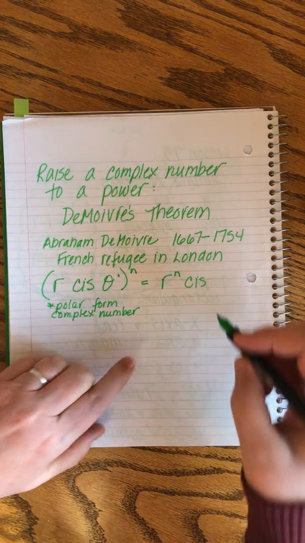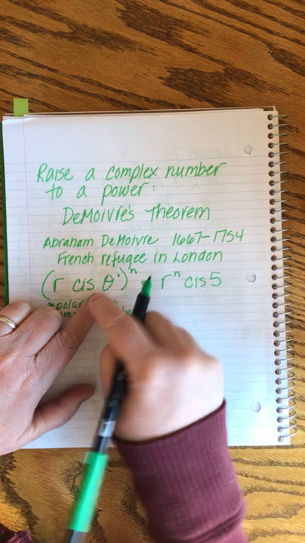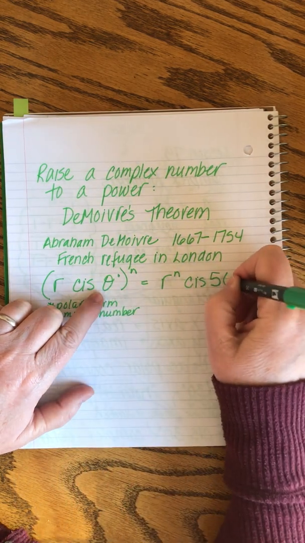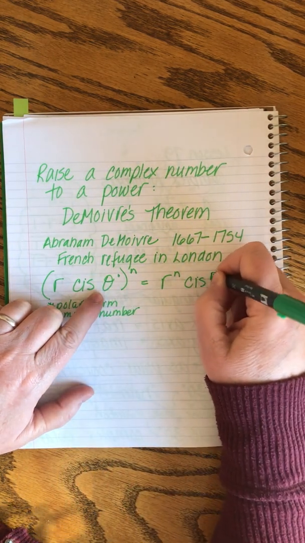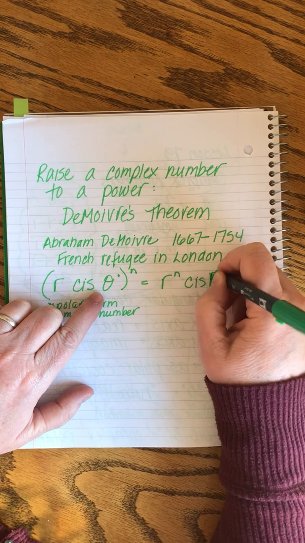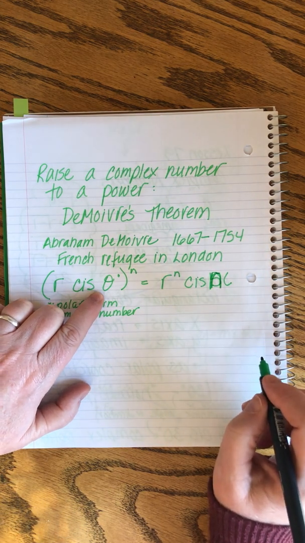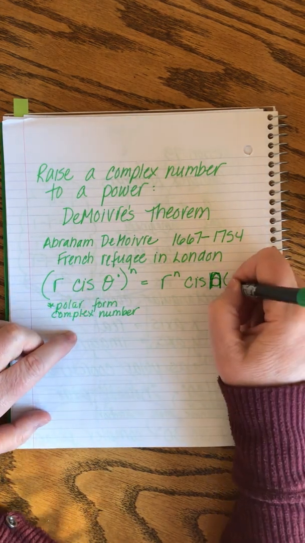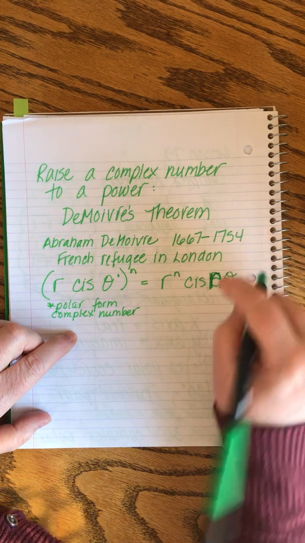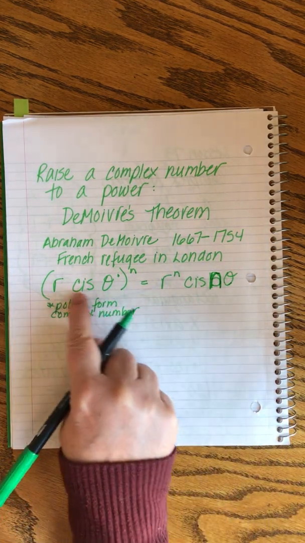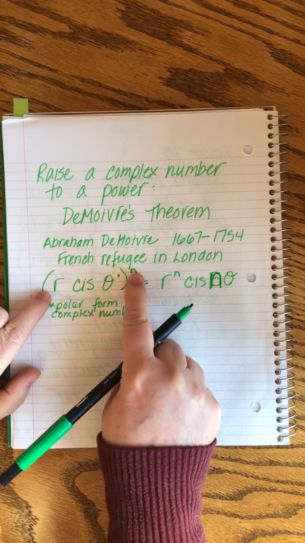And then you multiply the angle. Oh wait, this should be an n. Sorry, my bad. I was using my example. No, I wrote it wrong in my notes. Here we go, like this. Okay, so this is the polar form of the number. You want to raise it to a power.